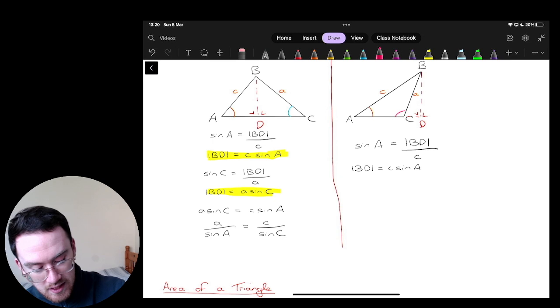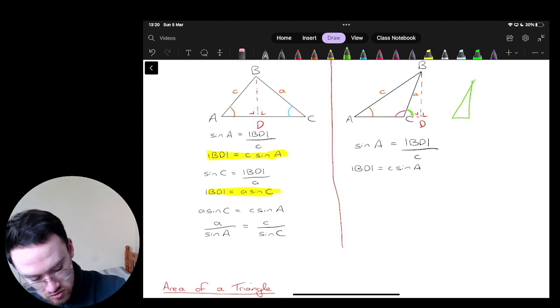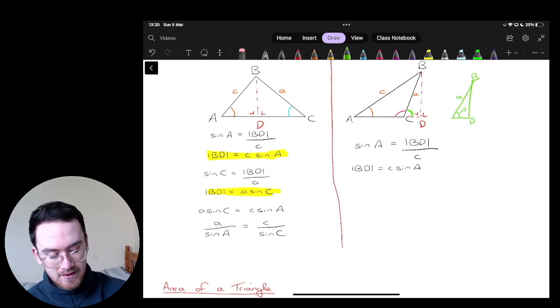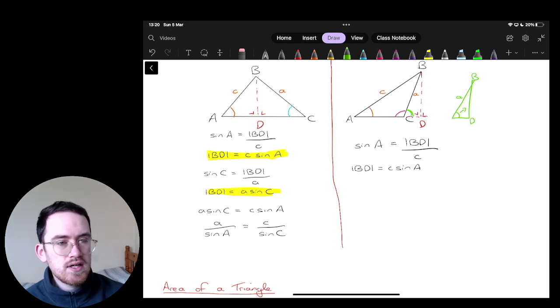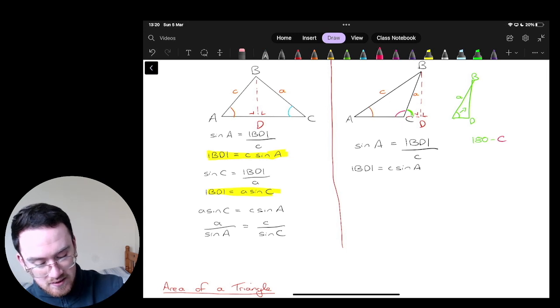The one that I would like is this one here, because with that one I get a nice right-angled triangle where I have BD involved, and I need to have BD and A. So we have to see what that angle is going to be, and that angle is actually 180 minus C. So my green angle here is 180 minus C, if C is my pink angle there.